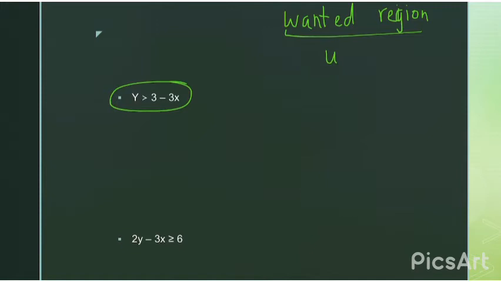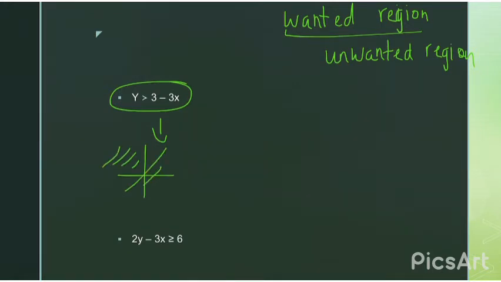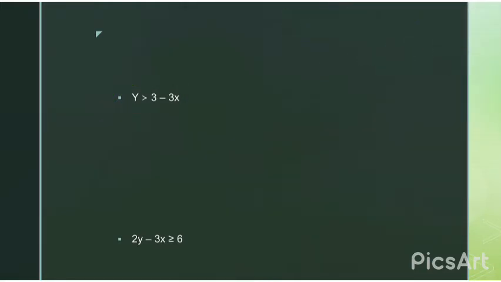But unwanted region means the region which is opposite the region we are finding. For example, here we are getting the shading over here, but it should be opposite, so it will be over here. So I'll be explaining that in detail right now once we solve these questions.